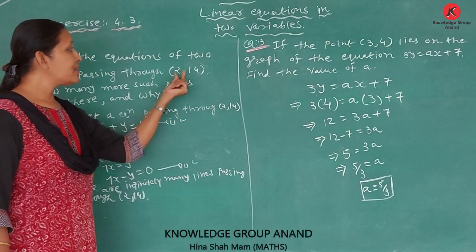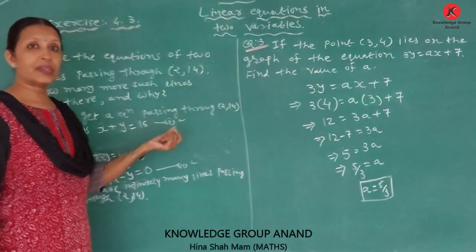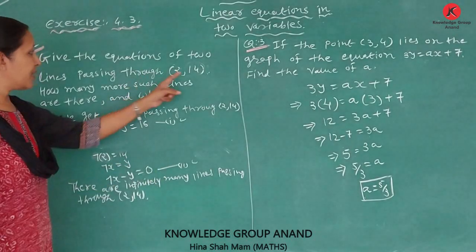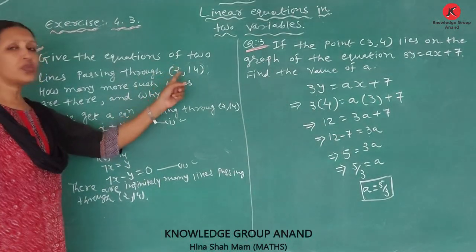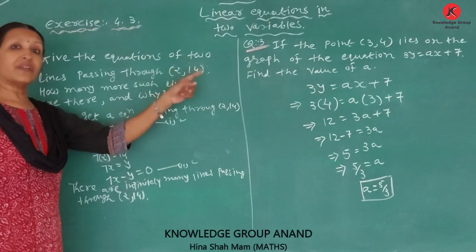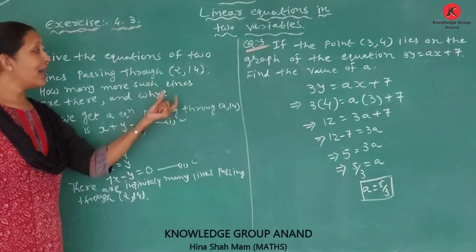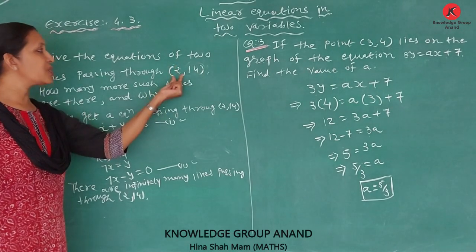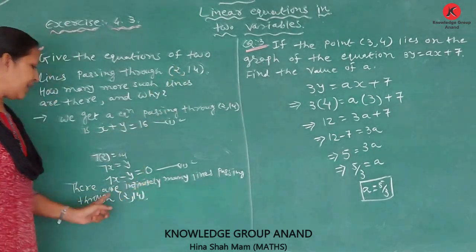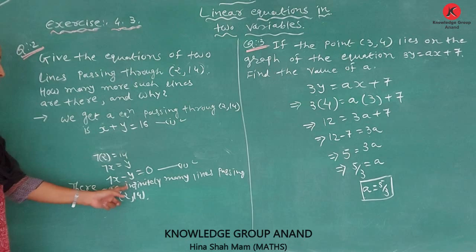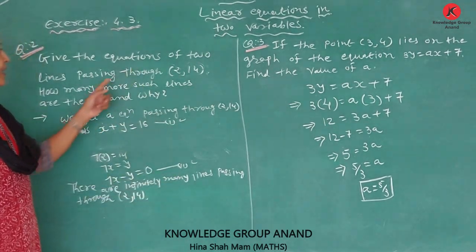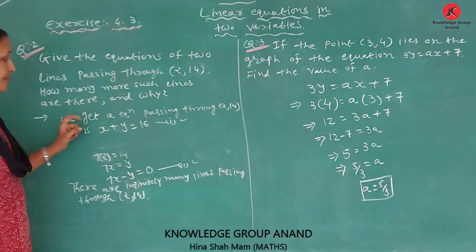Therefore, y is equal to 7x, or 7x is equal to y. Here we write 14 is equal to 2 into 7. Here 14 is the y coordinate. Therefore, y is equal to 7x, so 7x minus y is equal to 0, which satisfies this point.